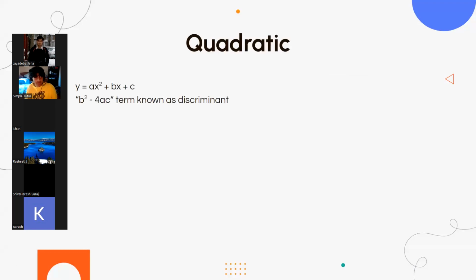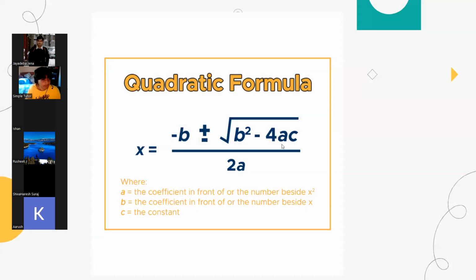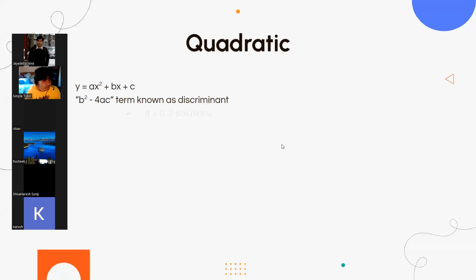Our b squared minus 4ac term is known as our discriminant. It really determines how many solutions we have. To find the actual solution, you're going to have to solve the whole equation, but just by looking at this one term, b squared minus 4ac, you can determine how many solutions your function has. You can ignore the square root.